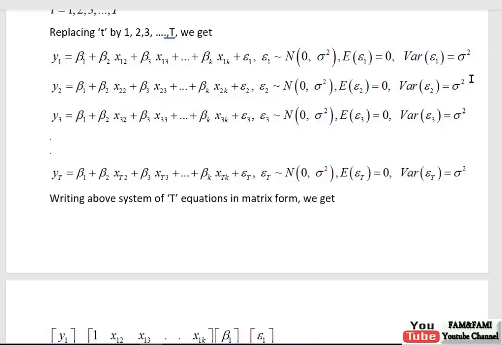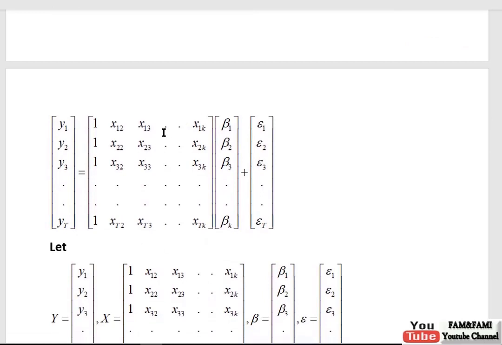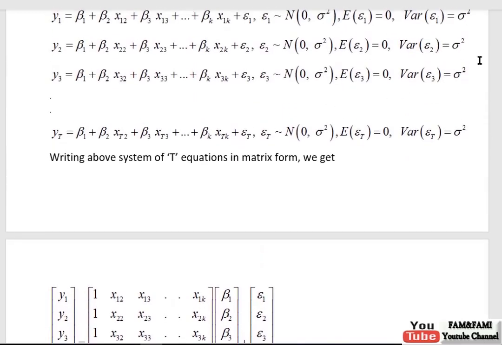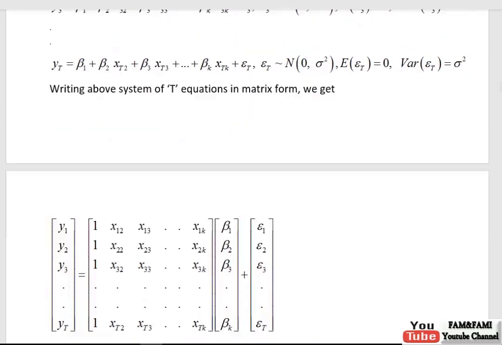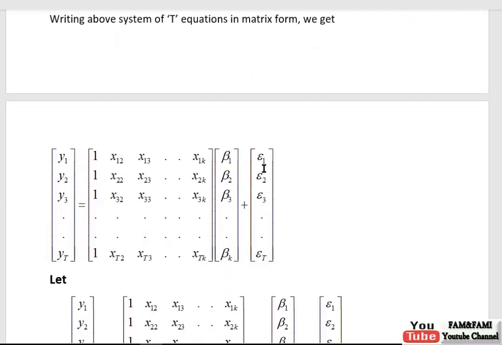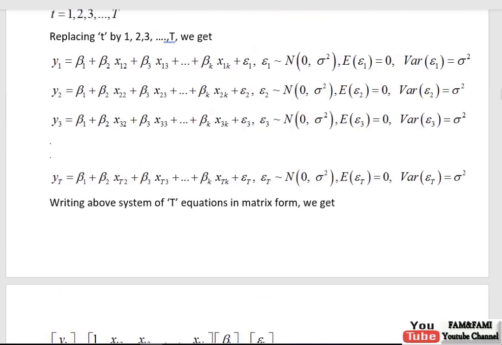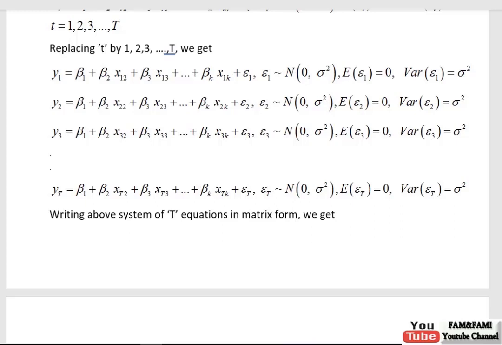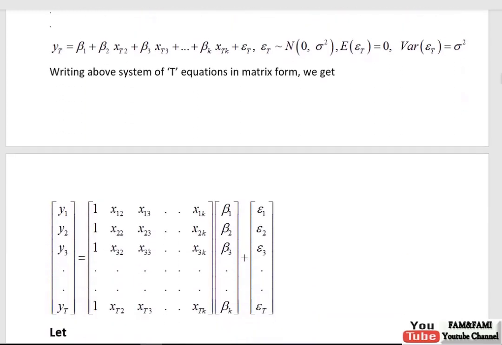Similarly, if you multiply this second row with the column vector containing betas, you will get this expression. At the end we have this plus epsilon 1, epsilon 2 and going up to epsilon t. So they have been stacked here as a column vector, epsilon 1, epsilon 2 going up to epsilon t. So this is how we can transform this system of t equations into matrix notation.